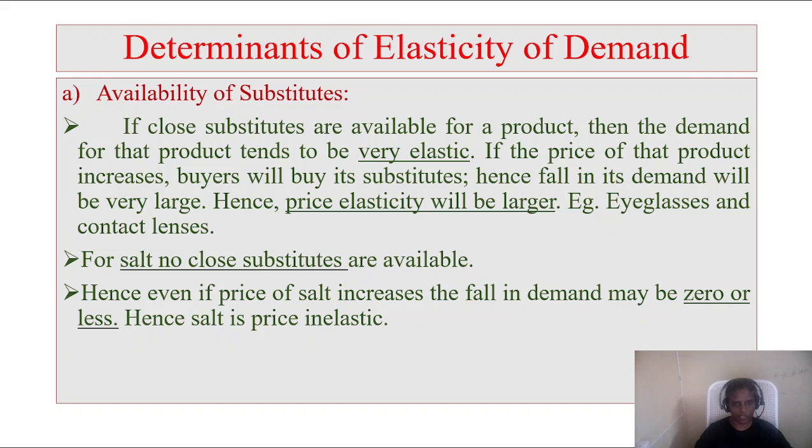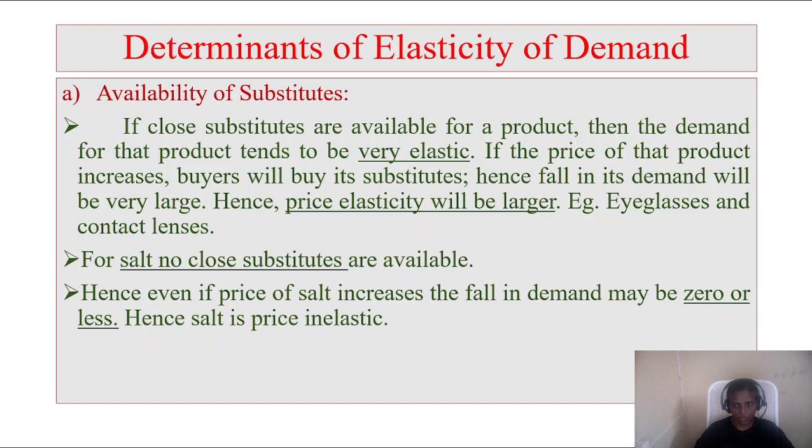The demand will be very elastic when the price of the substitute product changes. If the price of the substitute goods falls, the demand for the commodity will be very large, which we call price elasticity, and it will be very large.